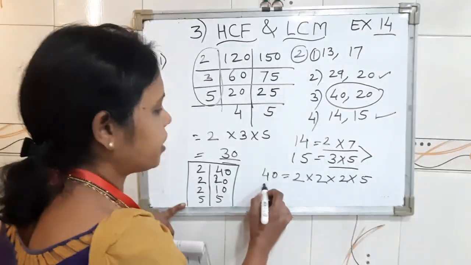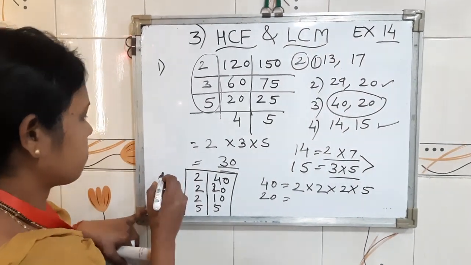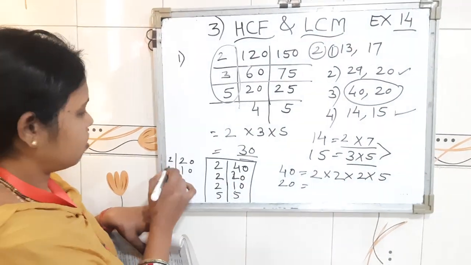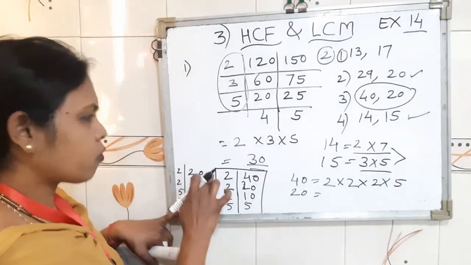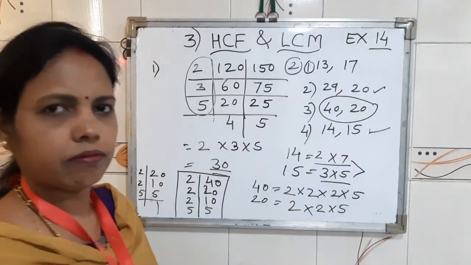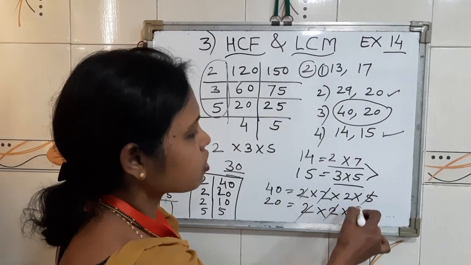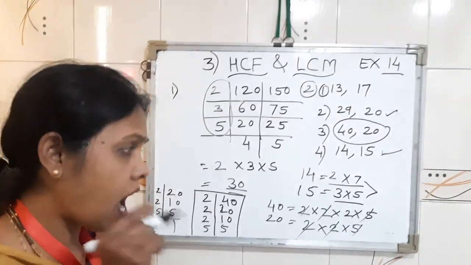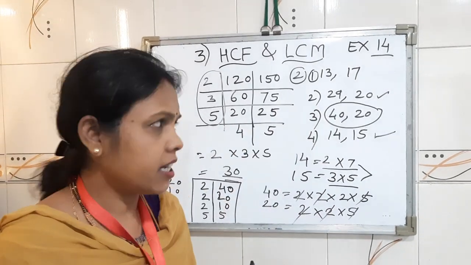For the next number 20, 2 tens are 20, 2 fives are 10, and 5 ones are 5. Means for 20 we have the factors 2 into 2 into 5. Then our common numbers are 2, 2, 5. And here we want to find which pair does not give 1.